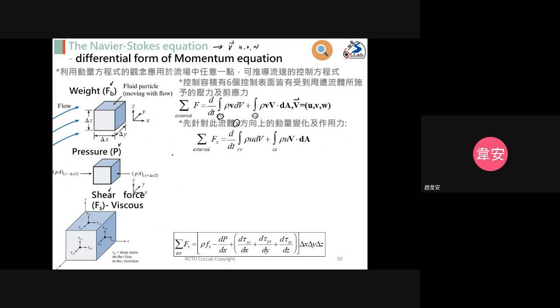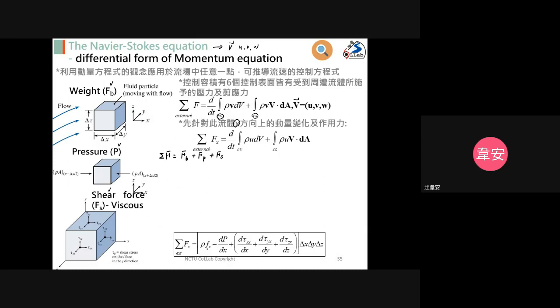So we assume our external force can be divided into three parts. The first is the body force, the second is the pressure force, and the third part is the shear force. Okay, so what is the body force? Here is the final answer for the external force.